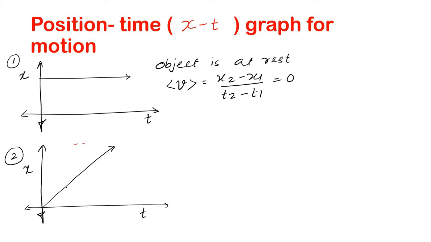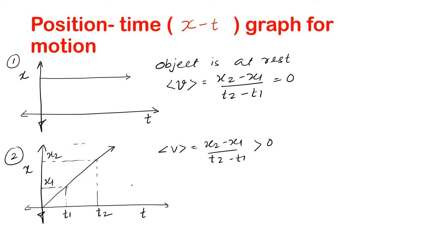You can see that this is the instant t1 at which the position is x1, and here it is x2. Whatever is my positive direction, say positive x-axis, x2 is greater than x1 and t2 is greater than t1. So average velocity, (x2 minus x1) over (t2 minus t1), is going to be a positive number.